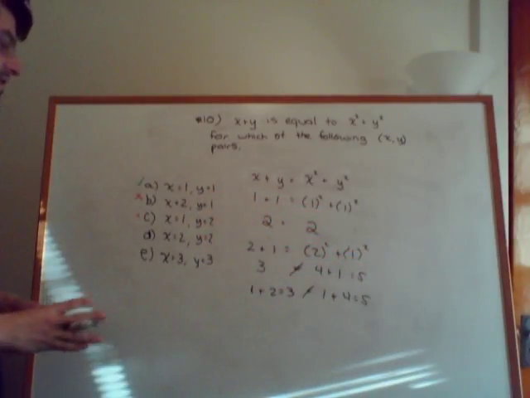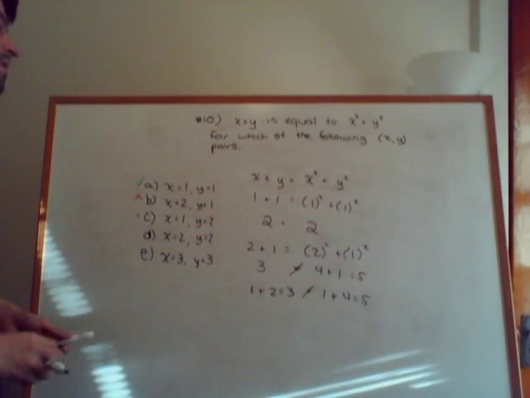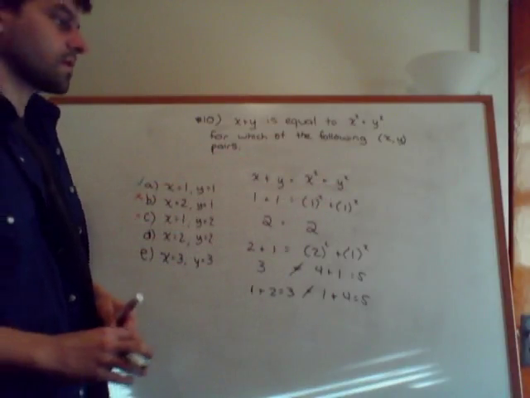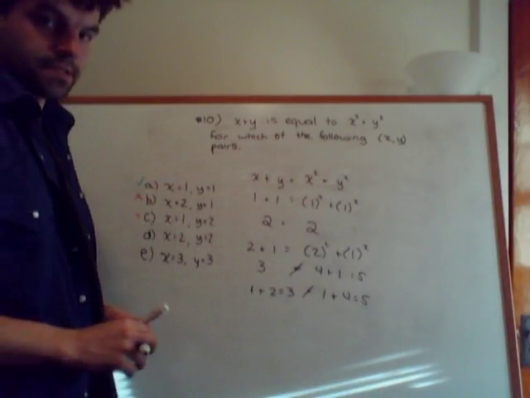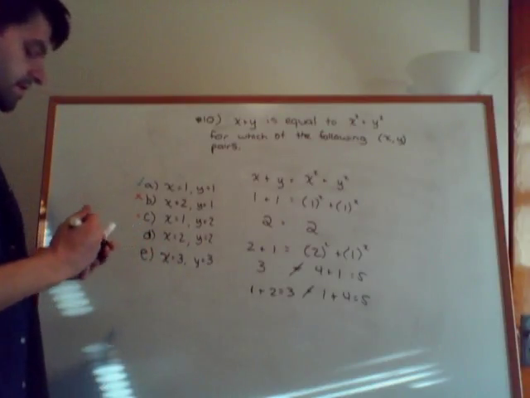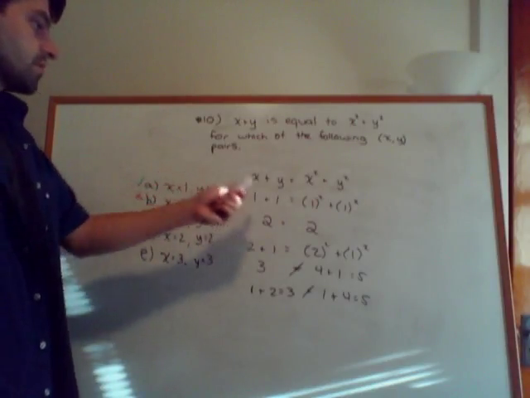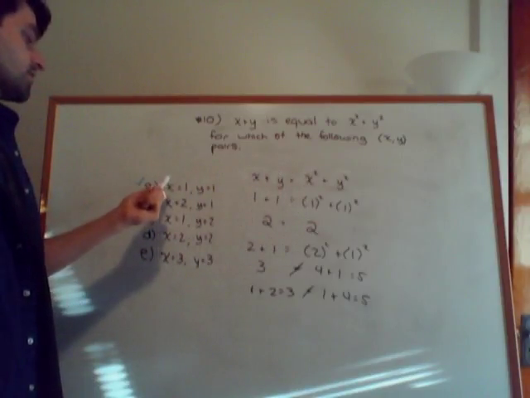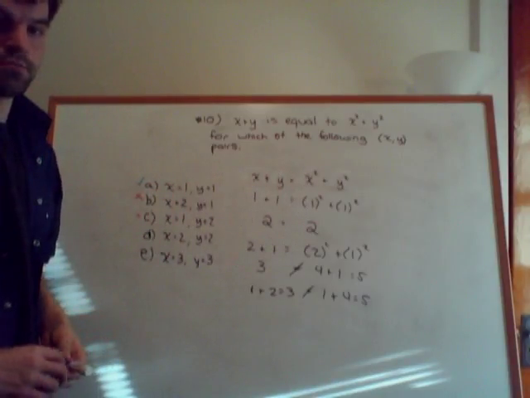So as you can see, as you get higher in value, the square side increases at a much quicker rate. That is why the only coordinate pair that will work for this set is x equals 1 and y equals 1.